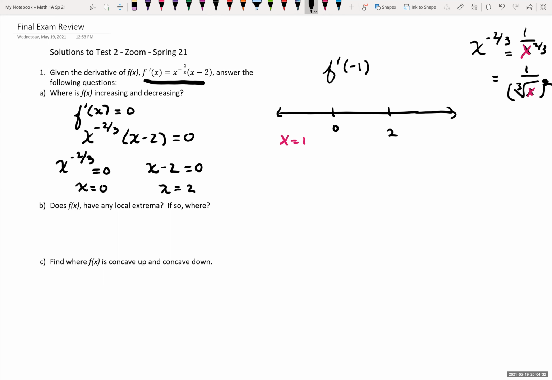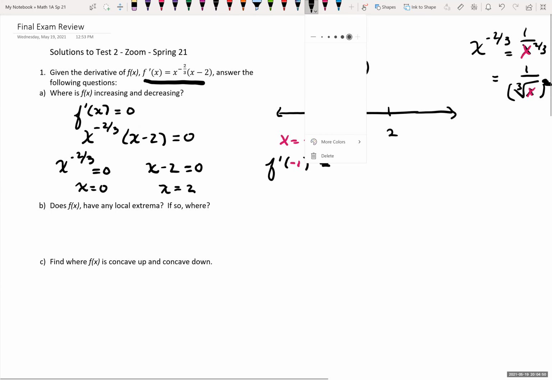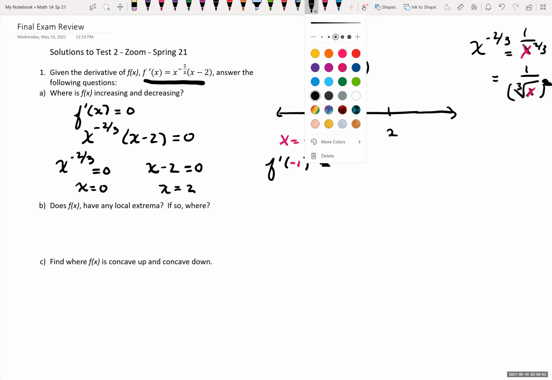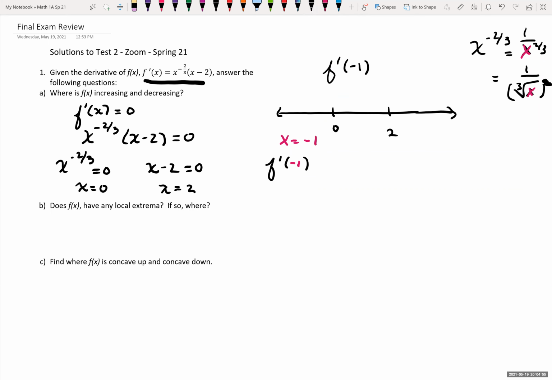So that part is going to be positive. And I want a -1, not a +1. So that first piece is positive, times the second piece. Well, -1 minus 2 is -3. And so that's negative. This is less than 0.